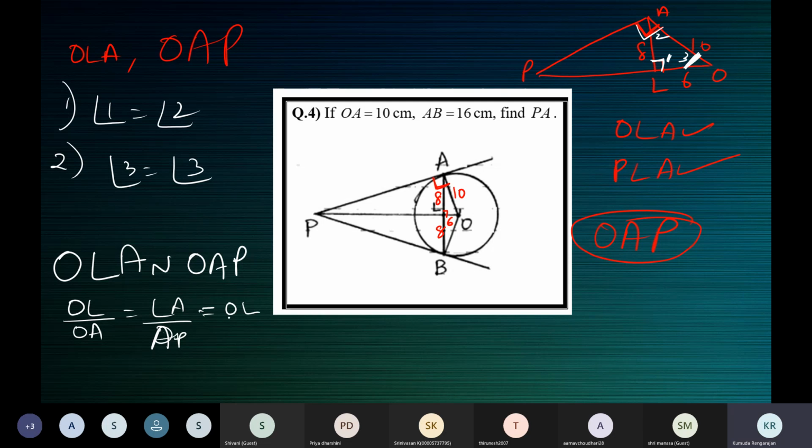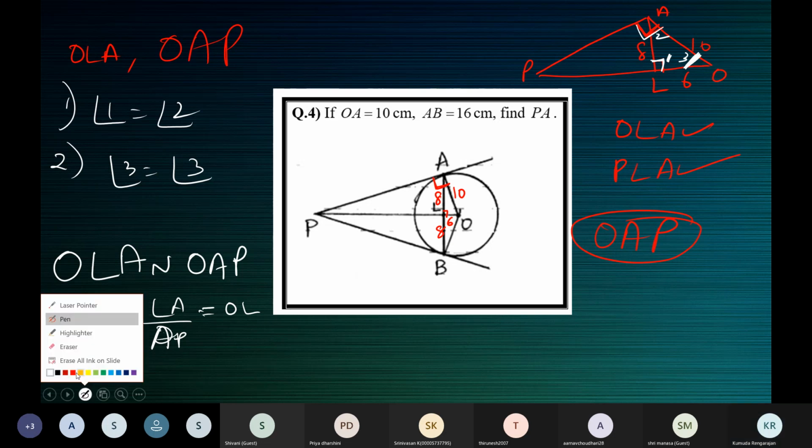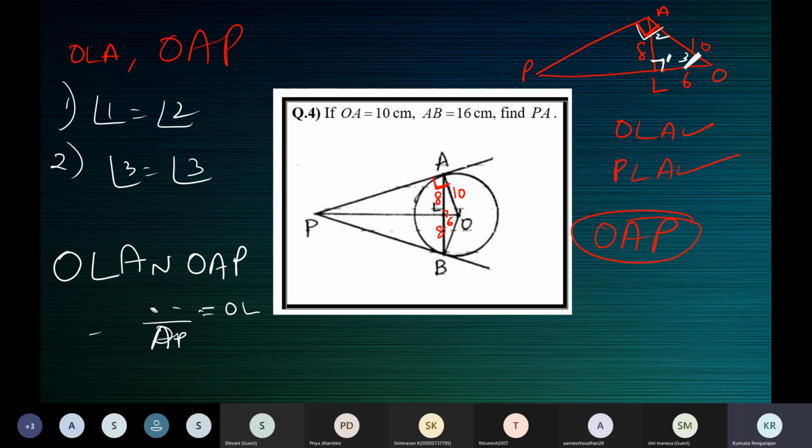So from this we have OL by OA is equal to LA by AP is equal to OA by OP.